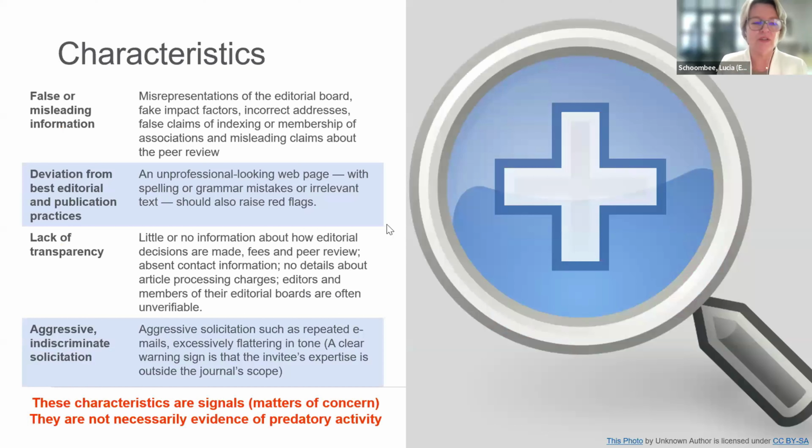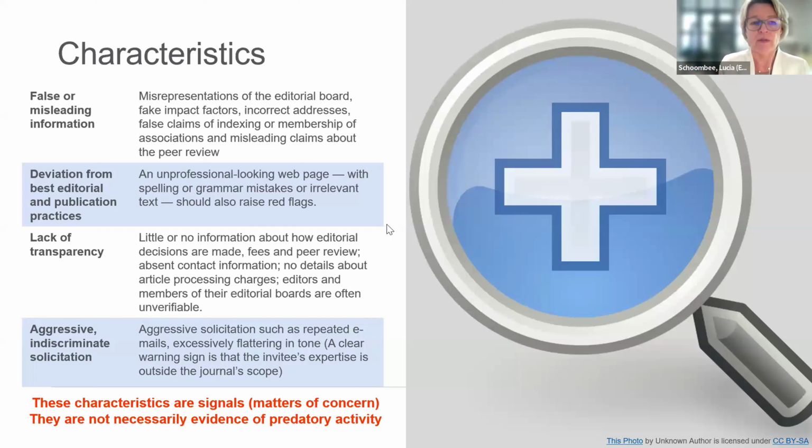So some of these characteristics give an indication, but they are signals, matters of concern, and they cannot necessarily be used as evidence that the journal is predatory. It's just a clue. Okay, so false and misleading information. So there would be things like misrepresentation of the editorial board. So the whole editorial board might be fake, or it might be real persons, but you won't be able to validate because they don't have enough information about the editors on the editorial board.